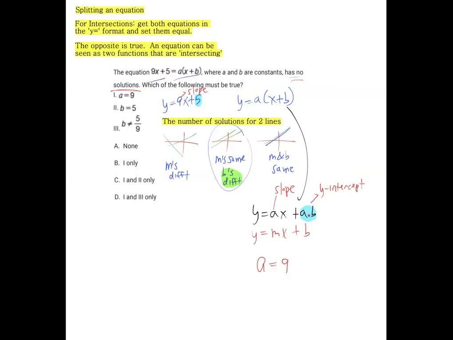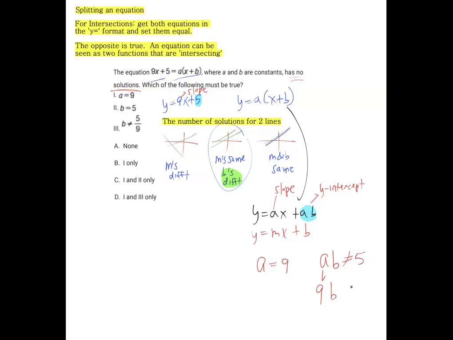And we know that that y-intercept right there cannot be equal to 5. If it is, it would be infinite solutions where the slopes and the y-intercepts are the same. So in addition to a being equal to 9, ab cannot be equal to 5. Taking that even further, we know what a is. It's equal to 9.